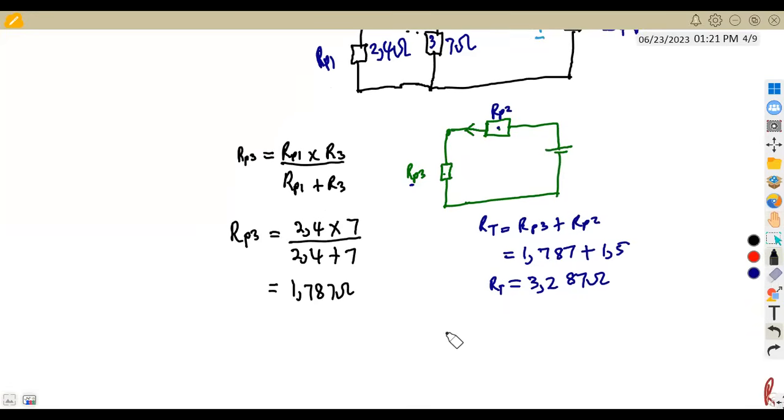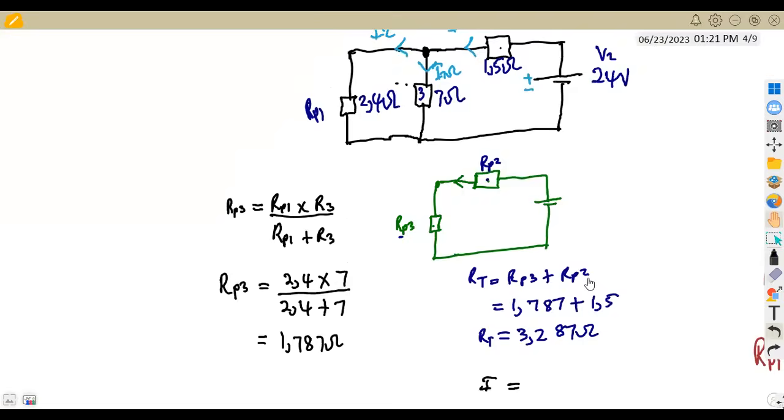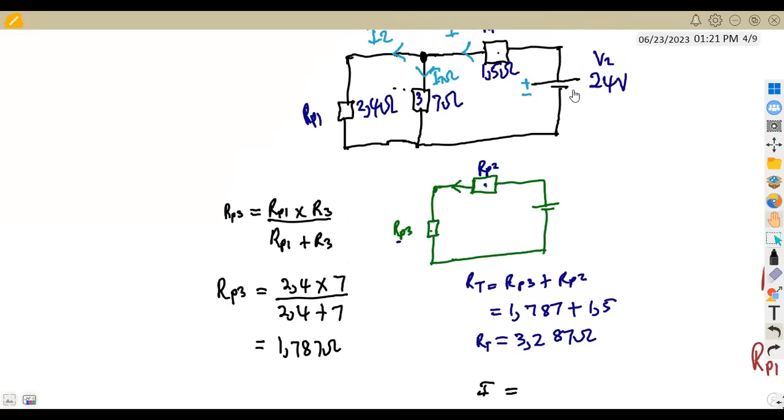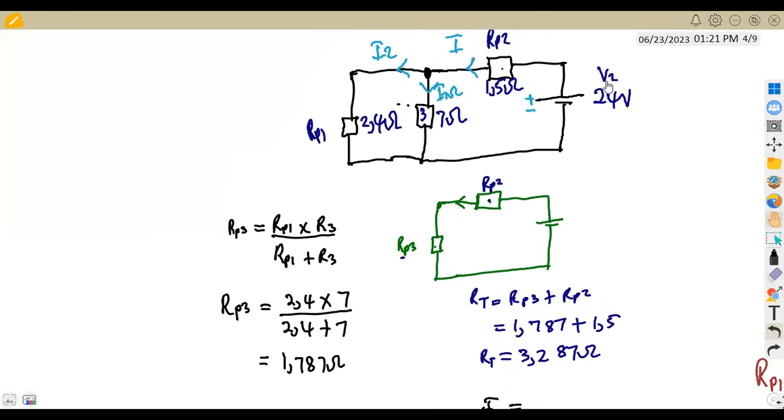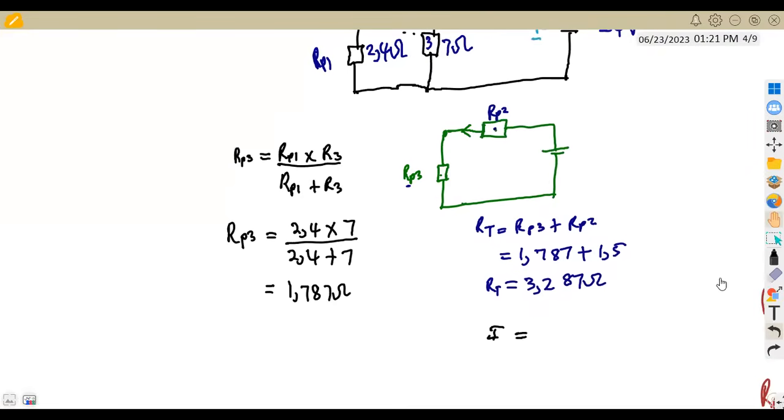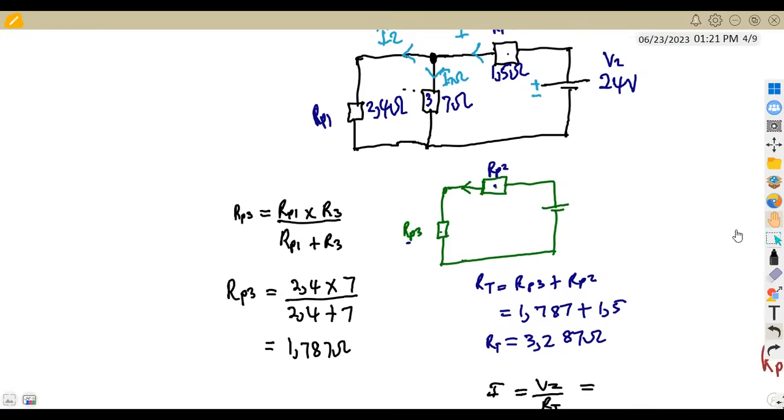Our total current is going to be from the total voltage. So our current, like this, is equal to the total voltage that we are referring to, which is V2. This is the voltage source of the circuit that we are now having. So we are referring to V2 over the total resistance, of which our V2 in this case is given as 24 volts.